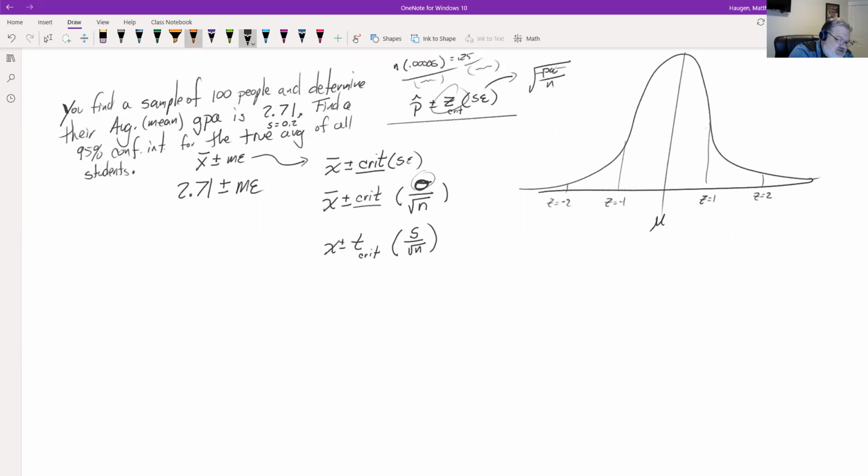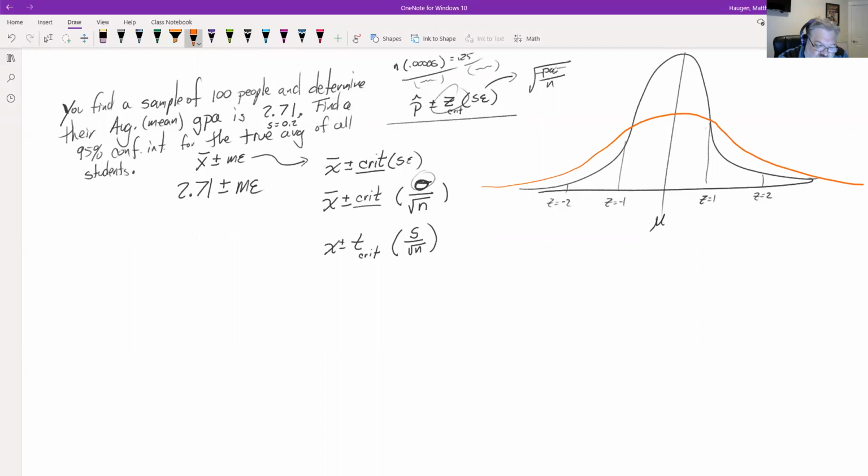What a t-distribution is, what a t-score is, instead of it being this normal bell-shaped curve, it's a curve that's the same basic shape, but it's a little bit flatter and a little bit wider.